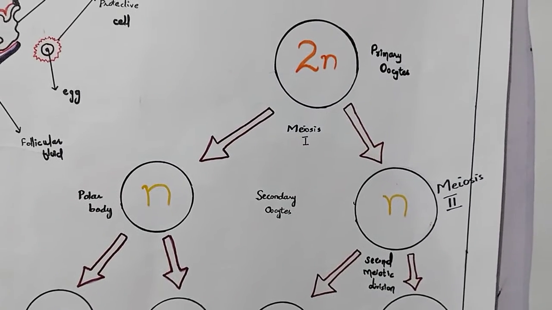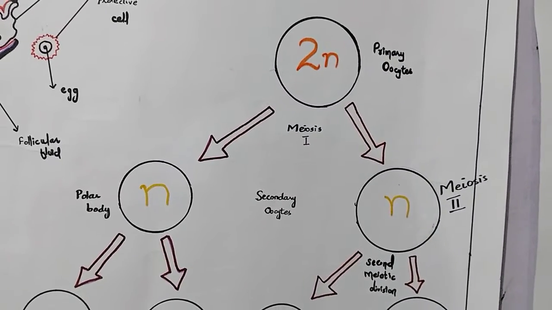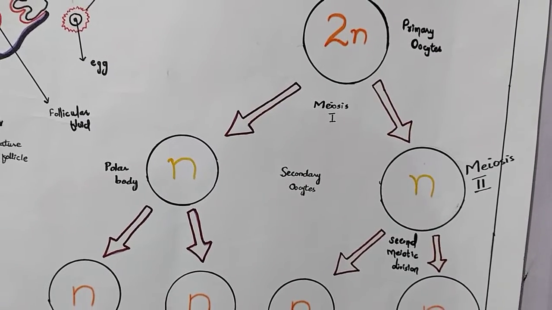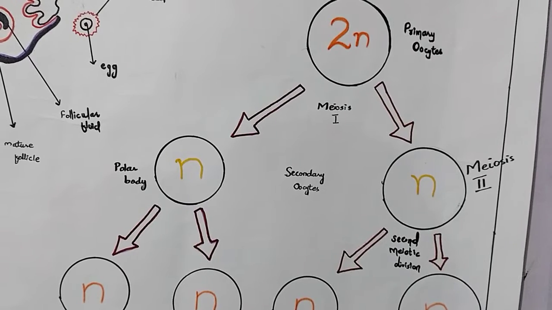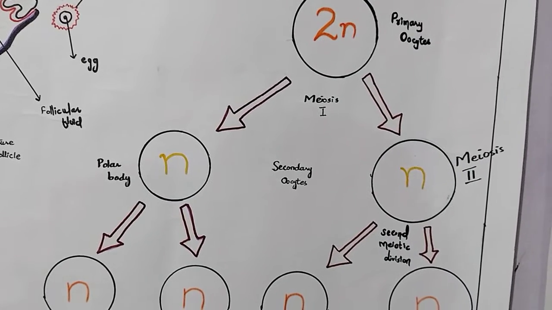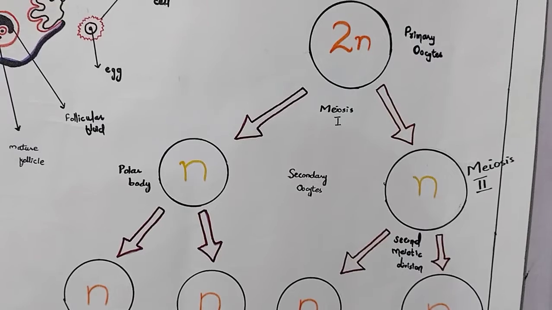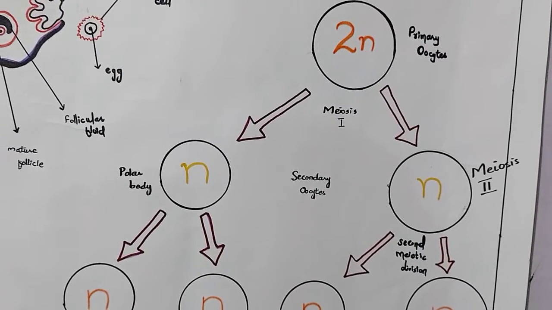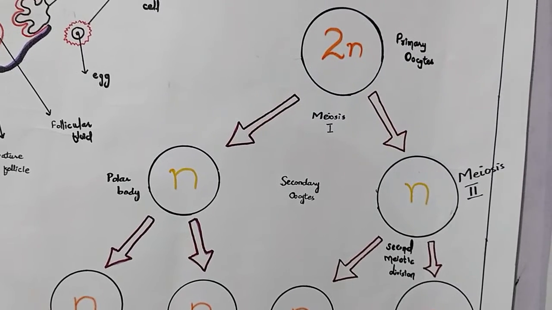What will happen? The primary oocyte undergoes the first meiotic division. You can see after meiosis two cells are formed, and these cells are haploid in number because meiosis is responsible for the reduction of the chromosome number. So this haploid number is the chromosome number, this diploid number is the chromosome number.